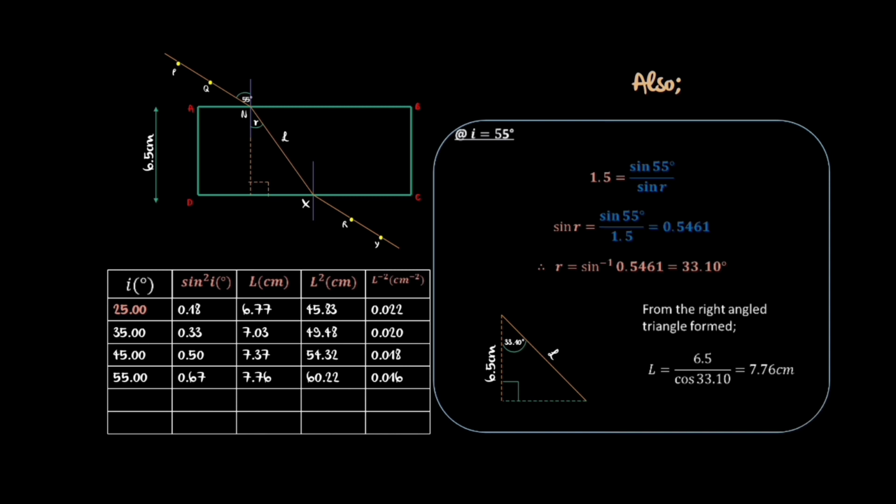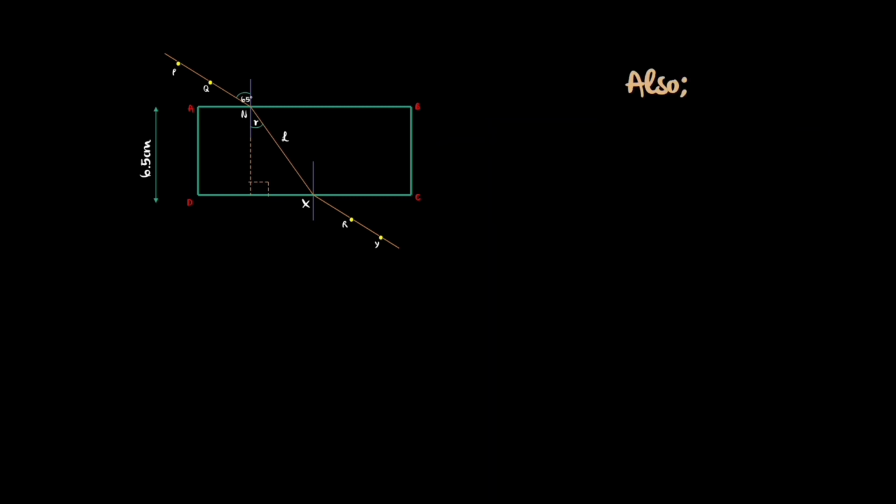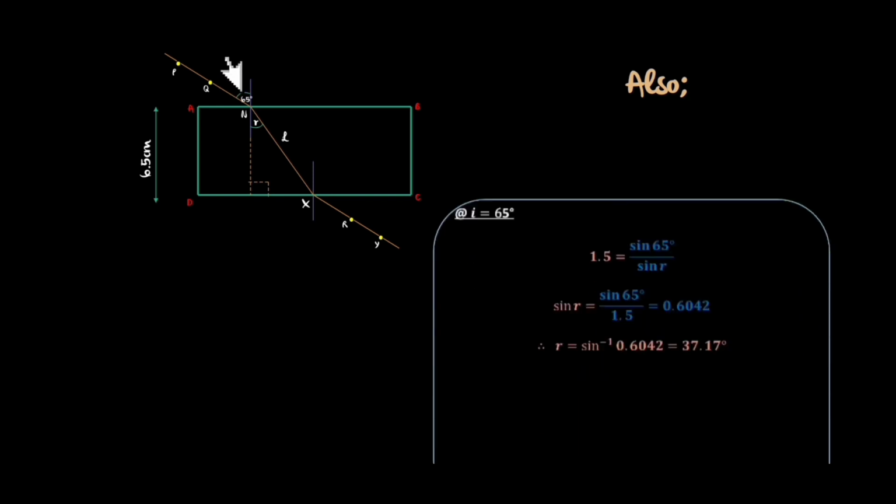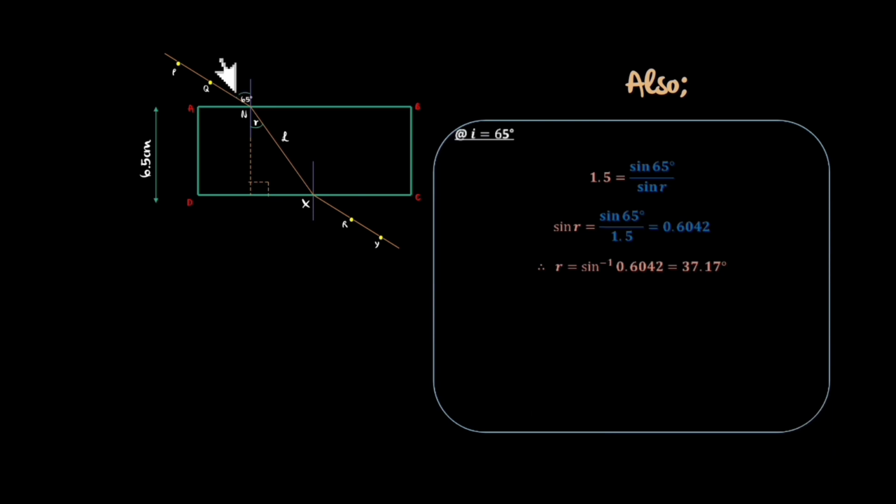Then lastly, we have when the angle of incidence is 65 degrees, the same procedure happens again here. You can see when the angle of incidence is 65 degrees, 1.5 is equal to sine of the angle of incidence all over sine of the angle of refraction, and simplifying, breaking it down, we get the value of the angle of refraction to be 37.17 degrees.